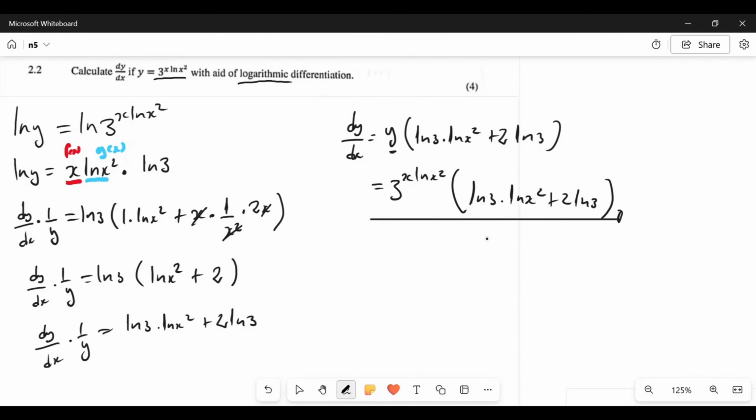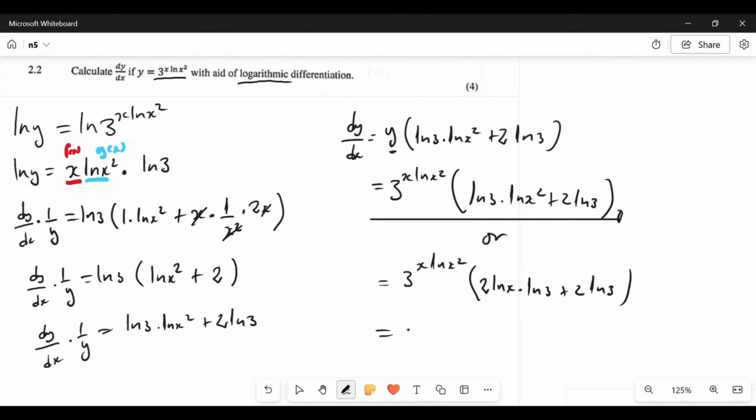Okay, some of you can continue and do it this way: 3 to the power of x ln x squared, open bracket, and then we can take this 2 to the front. Okay, let's take it to the front. We're going to have 2 multiplied by ln 3 plus 2 ln 3. Okay, you can take out the common factor here, which is 2 ln 3.